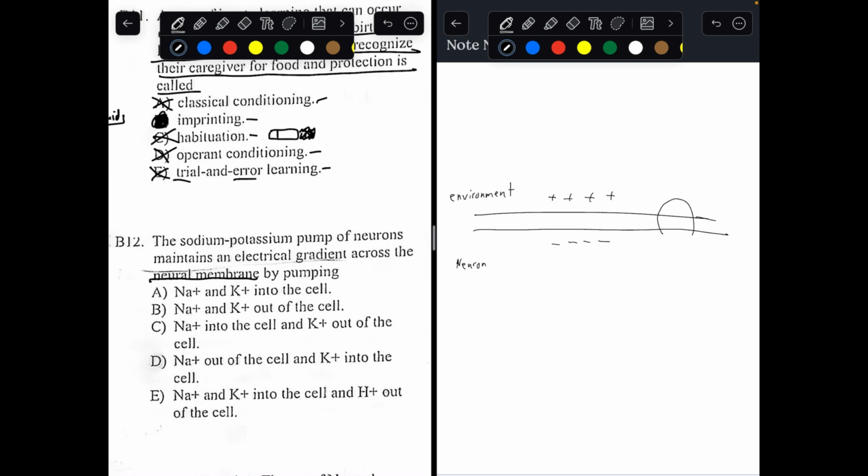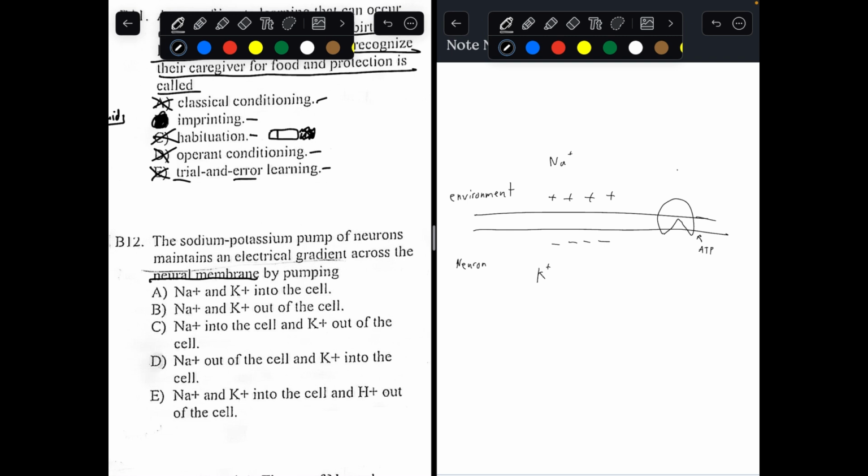The sodium-potassium pump is a pump, so it uses ATP. When ATP is used, it moves sodium and potassium against their concentration gradients. Potassium is very concentrated inside the neuron, and sodium is very concentrated outside the neuron.